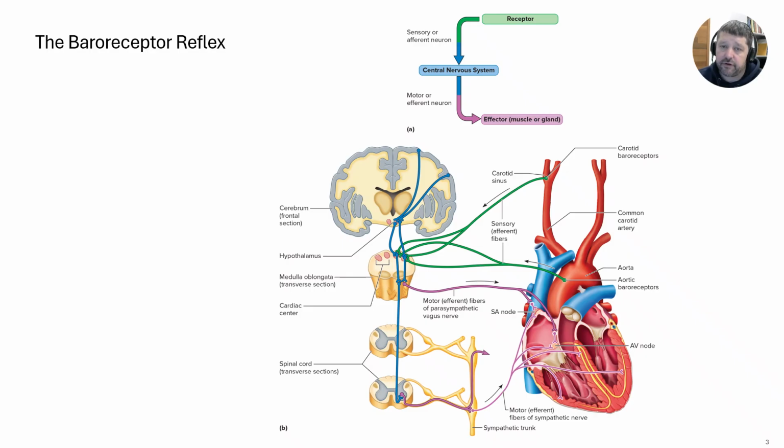Other things that are going on, you're getting impulses from the frontal section of the cerebrum, you're getting impulses that are sent down the spinal cord to the veins in different regions, all of which may be increasing or slowing down the impulses to the heart, controlling the heart.